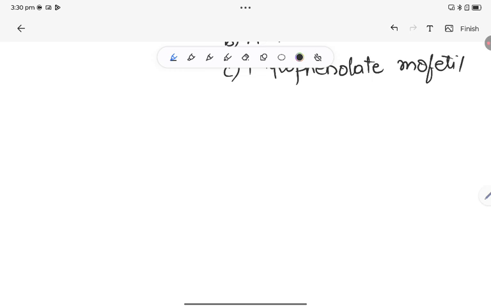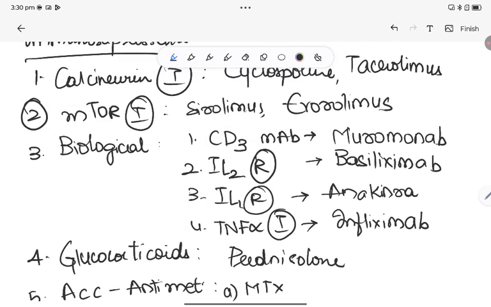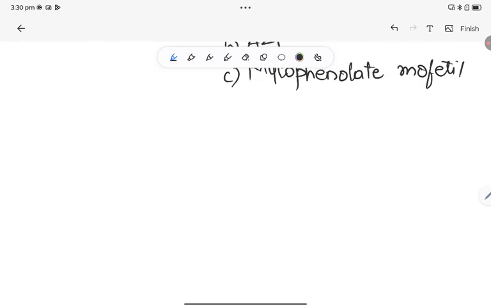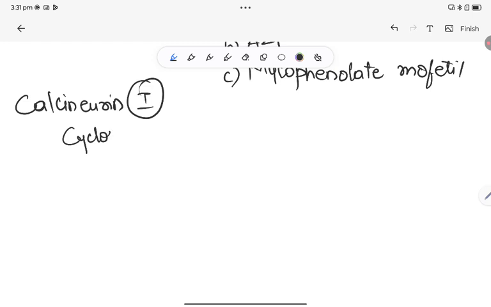Let us first talk about calcineurin inhibitors. They include cyclosporine and tacrolimus. So, in calcineurin inhibitors, what usually happens is, calcineurin inhibitors include two drugs, cyclosporine and Tacrolimus. This is one of the most important questions quite often asked for 5 marks.